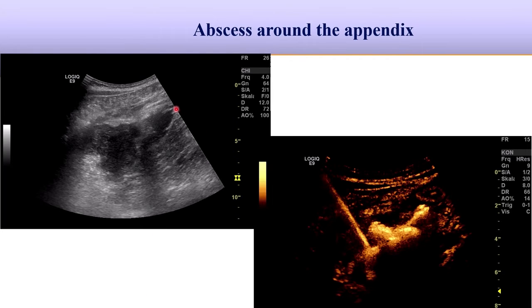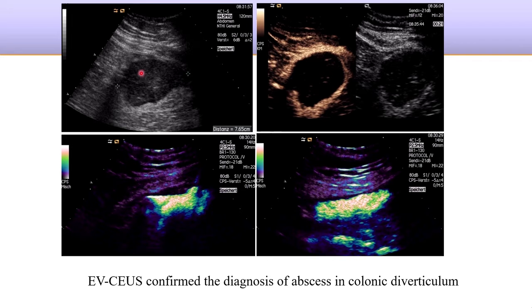This was an abscess around the appendix. The extravascular contrast enhanced ultrasound could clearly show the extent and the shape of the abscess. This was an abscess next to the colon.